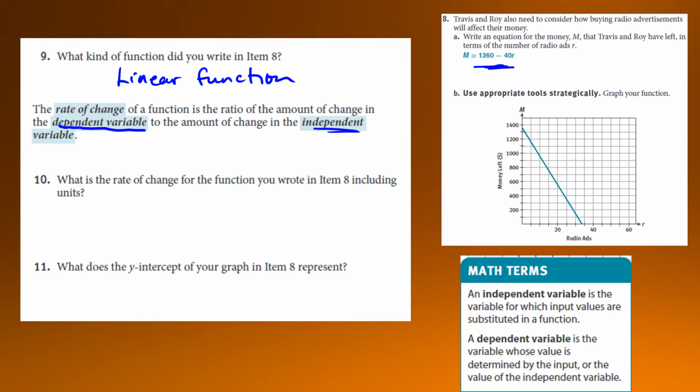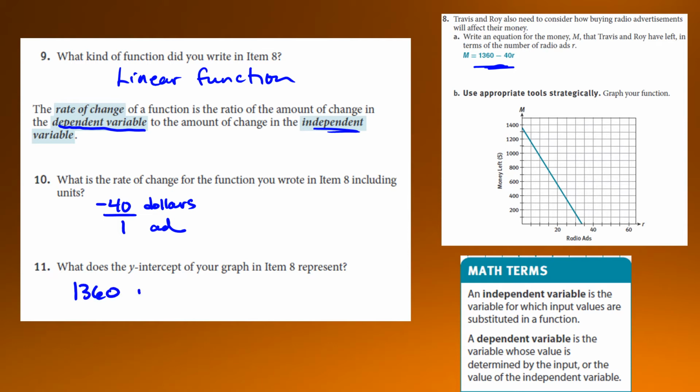So change in y as relates to change in x. It's a ratio, rise over run. So the rate of change in the function we wrote, including the units, is negative $40 over 1 ad.